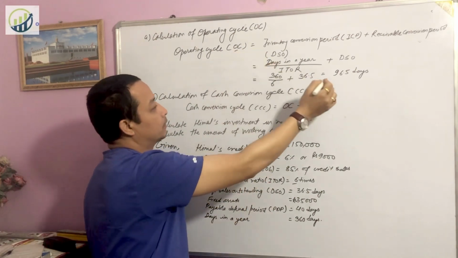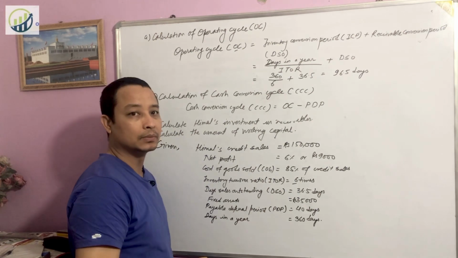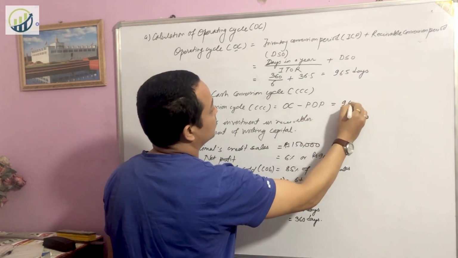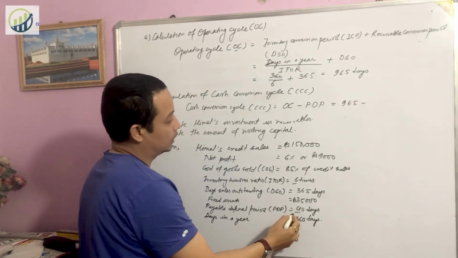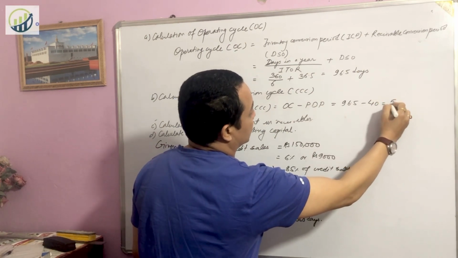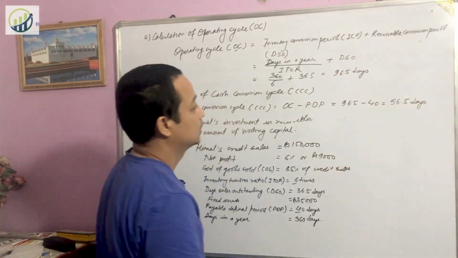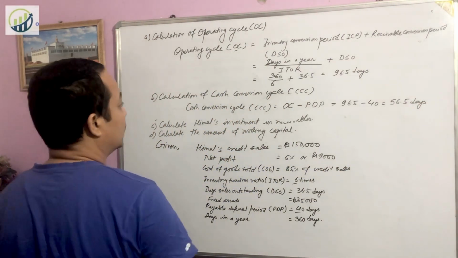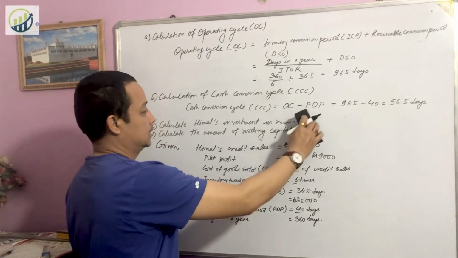Operating cycle you have already found. So operating cycle is 96.5 minus payable deferral period, given here as 40 days. So your cash conversion cycle is 56.5 days. You can get the cash conversion cycle by subtracting payable deferral period from operating cycle.